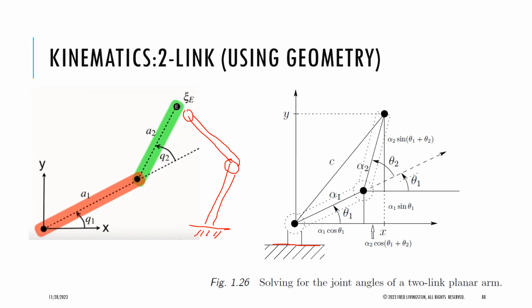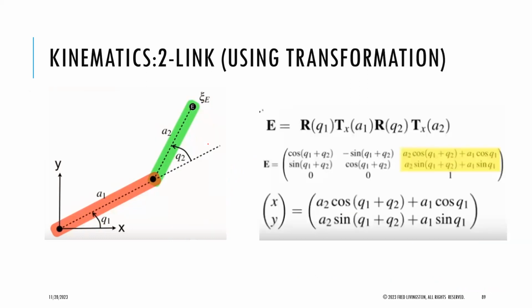And if you're looking for a particular point of interest, the end effector here, you can use geometry, that works well, but as the degrees of freedom get larger, a lot of people use the chain method, which is rotations and translations, to describe where that end effector or that particular frame of interest is in the system.